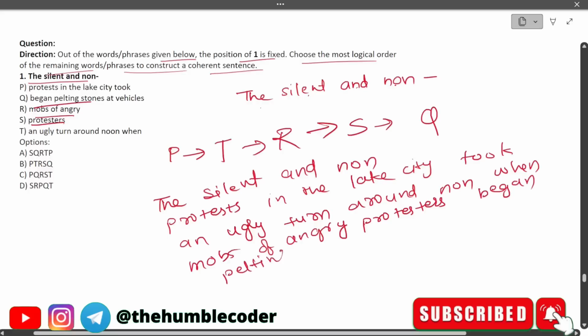Okay. So this is the complete sentence or the complete paragraph.